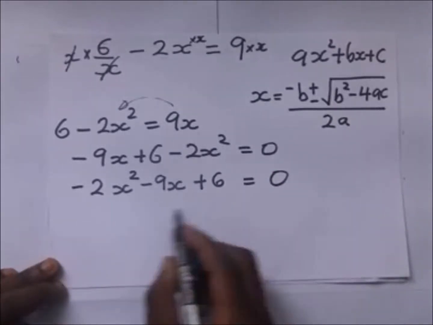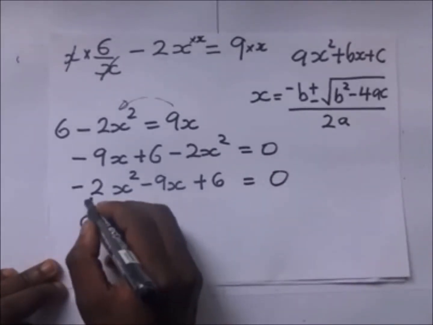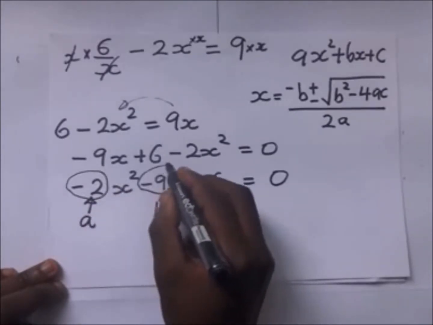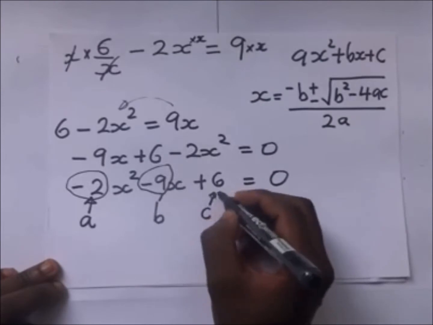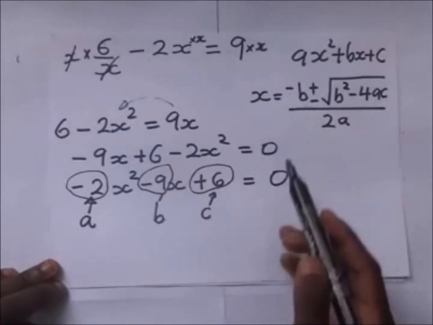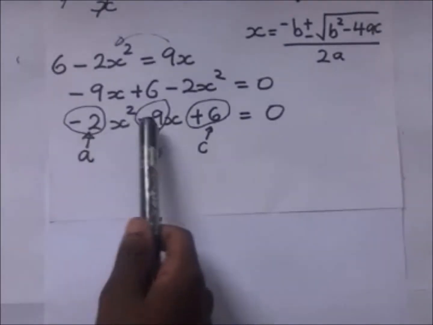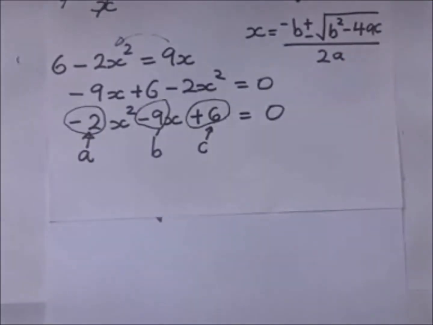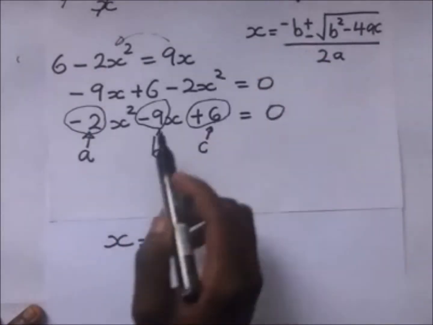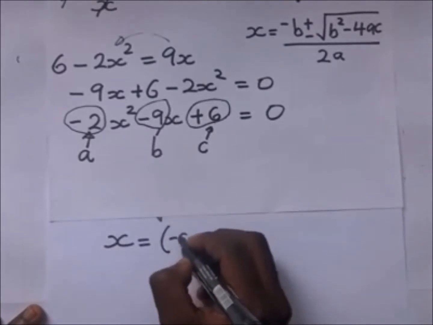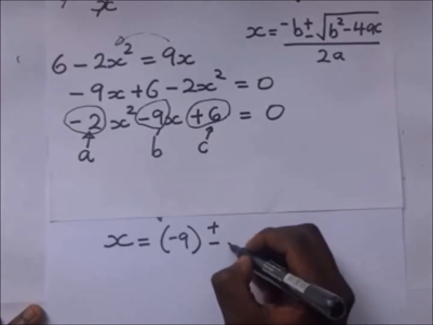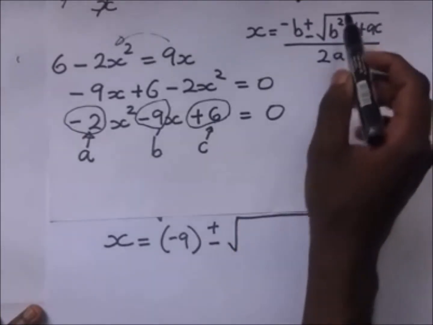So looking at this, it means that our value of a is negative 2. Our value of b is negative 9. And our value of c is positive 6. So we substitute this in the formula. Substituting these terms a, b, and c in our equation means that our value of x is going to become negative b. Our negative b is negative 9, plus or minus the square root of b squared.